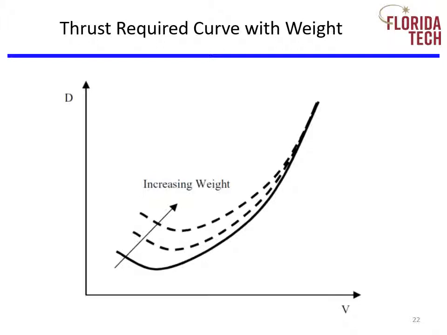As you might expect, the more an aircraft weighs, the more lift is required. Thus, lift-induced drag goes up, which is why the low speed side of the curve is impacted the most by a weight change. At really high speeds, parasite drag is basically unaffected, so the impacts of weight are minimal.